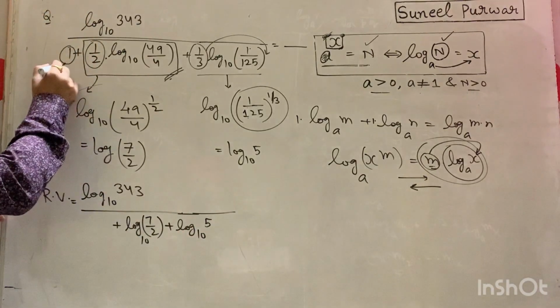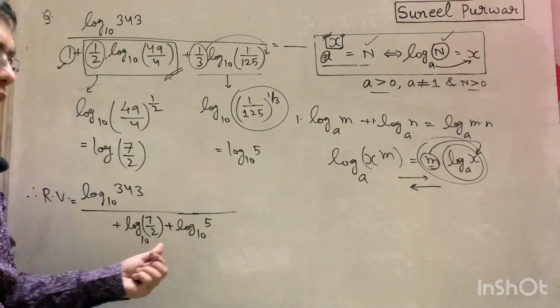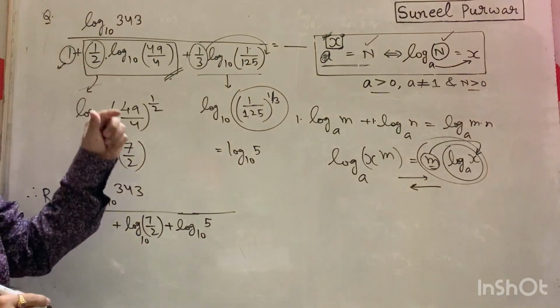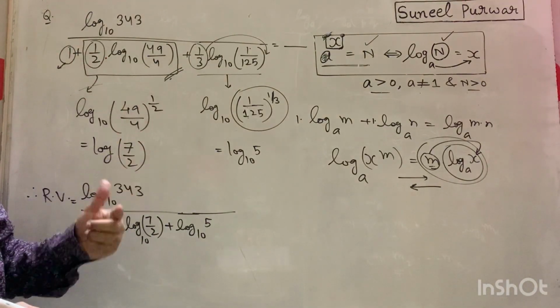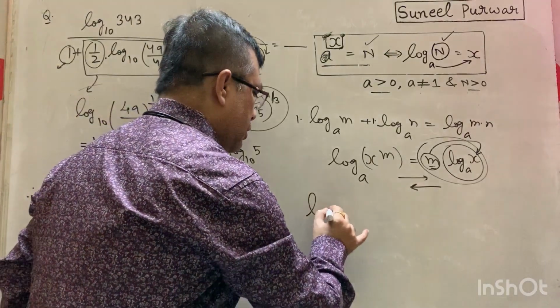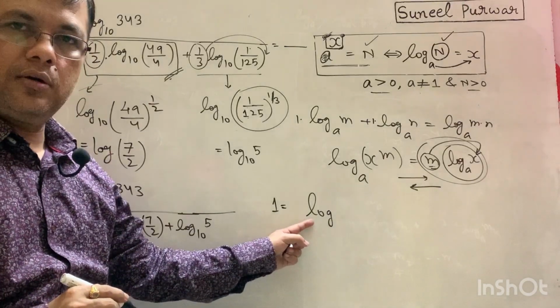Now this was number 1. Since this logarithm and this logarithm are at base 10, let's convert this number 1 also to a logarithm at base 10. So you want to write 1 as a logarithm.